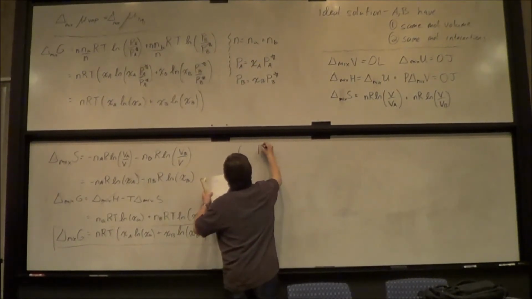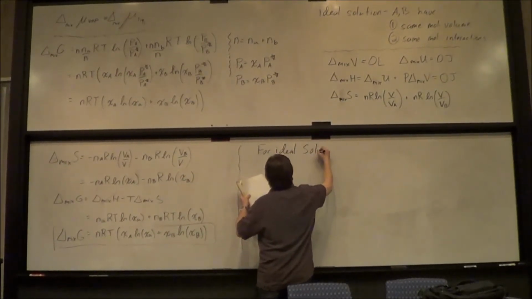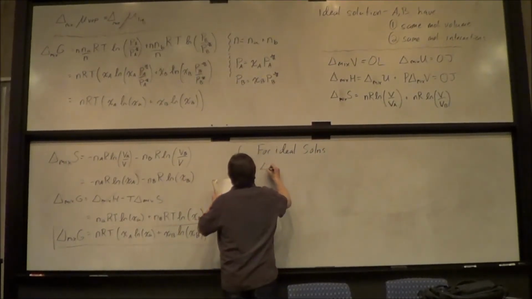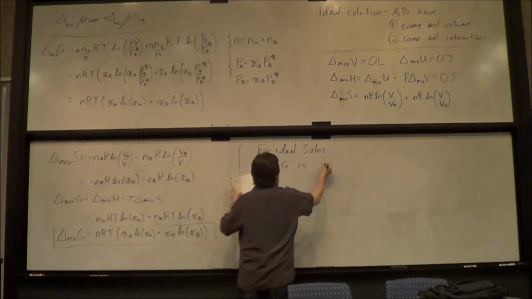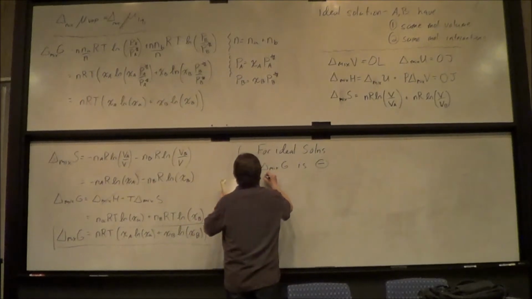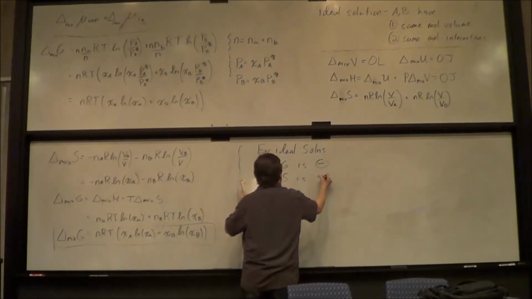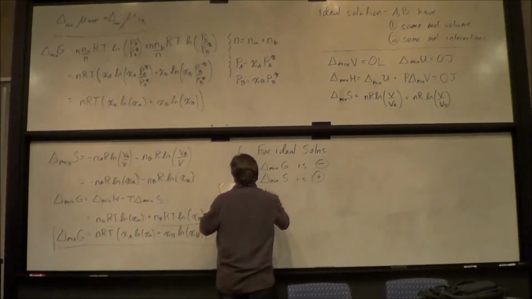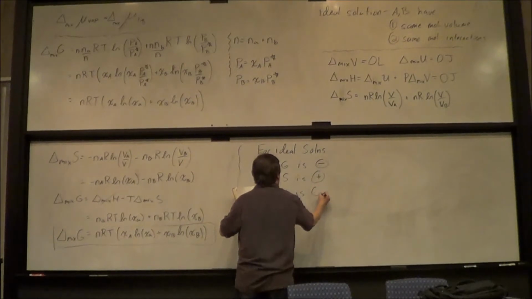Let me say first, for ideal solutions, delta mix G is always negative. Delta mix S is always positive. Delta mix P is 0.